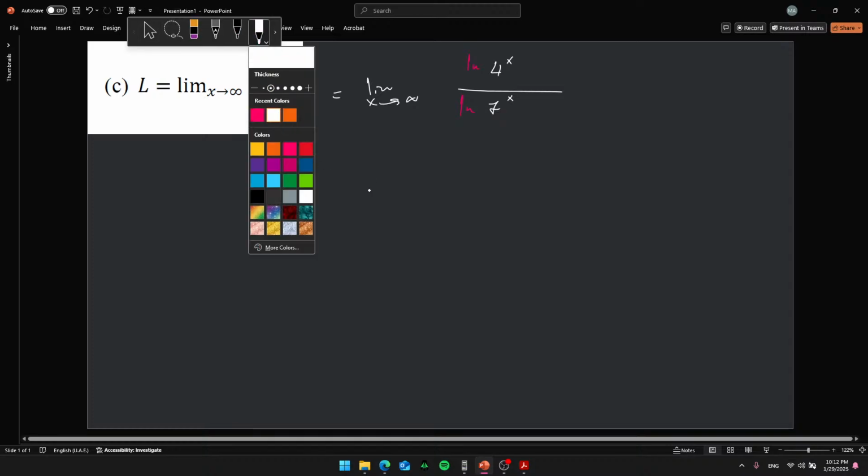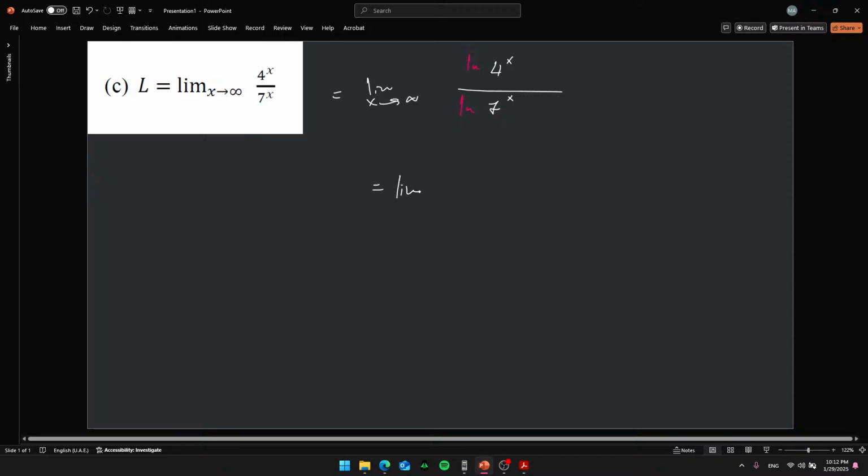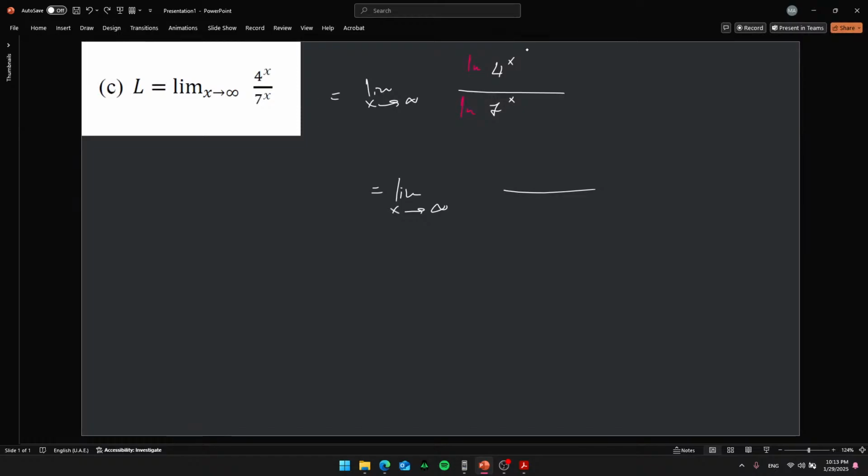Equal limit as x approaches infinity. Now, from properties of logarithms, when you have a power, you can drop it before the logarithm. So I can rewrite this as x ln 4, and this one as x ln 7.